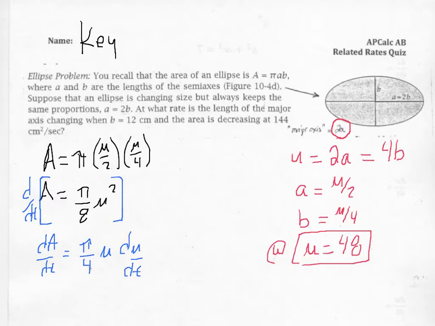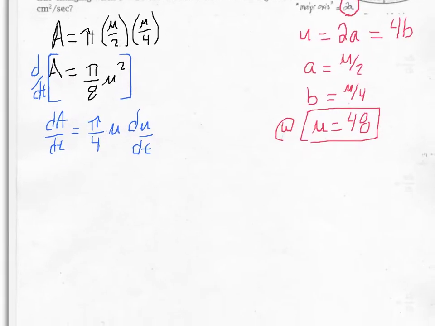Now the next step is to substitute in what I know. So I know that dA/dt is 144, and I know that u is 48. So I then get dA/dt is 144, and it's decreasing, so it's negative.